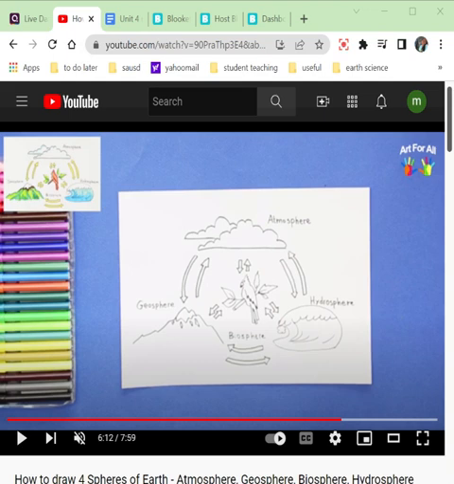Okay, and then let's do an example of the geosphere. The geo interacting with the atmosphere. So that's this arrow going up.